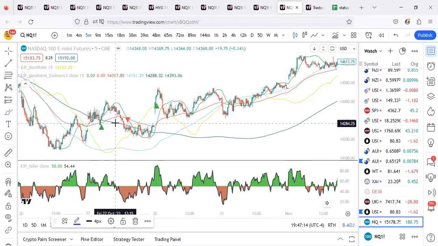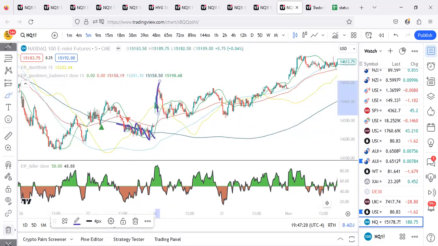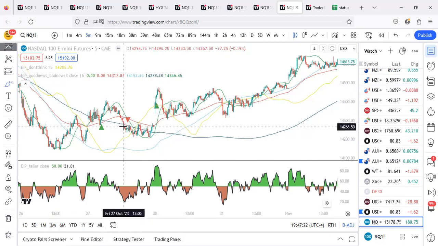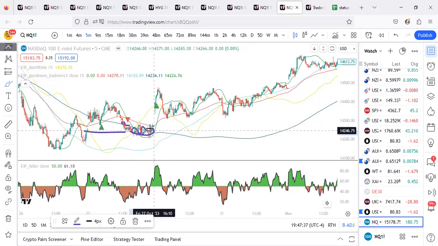Because this dark blue is so important, price just did this and then it gapped up. So my decision to close on dark blue was very right, and going to the gap fill was also fine. But we knew that soon it would be a bottom.